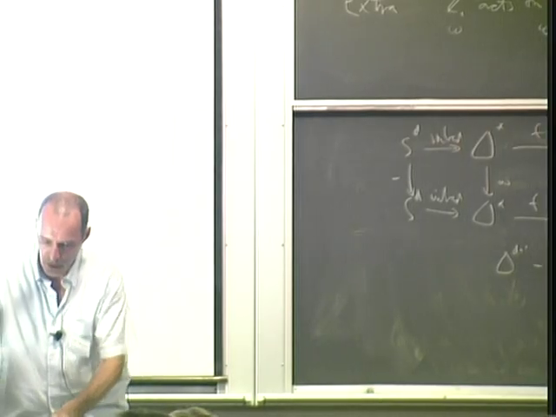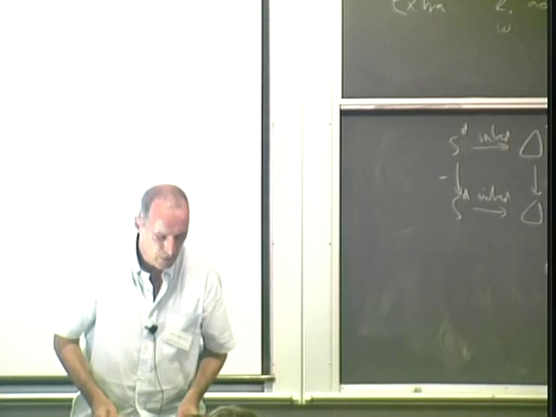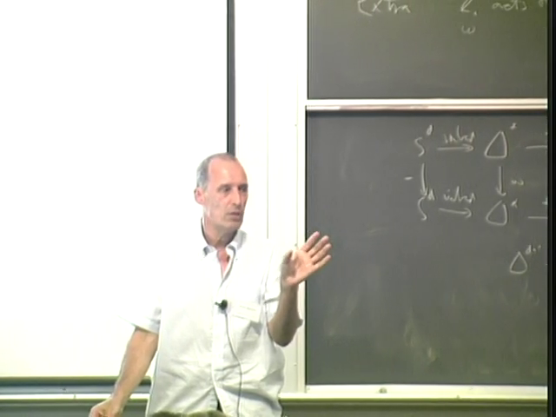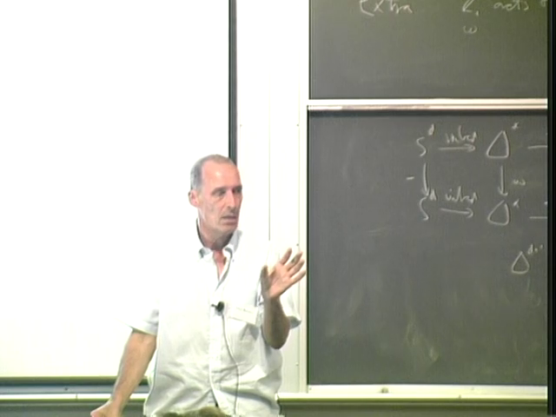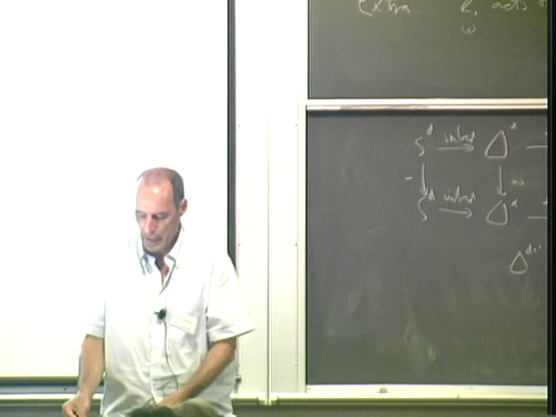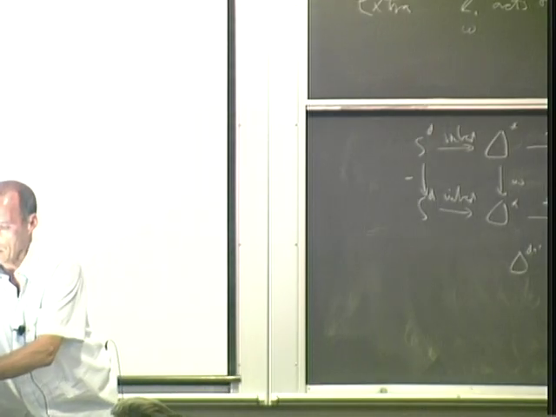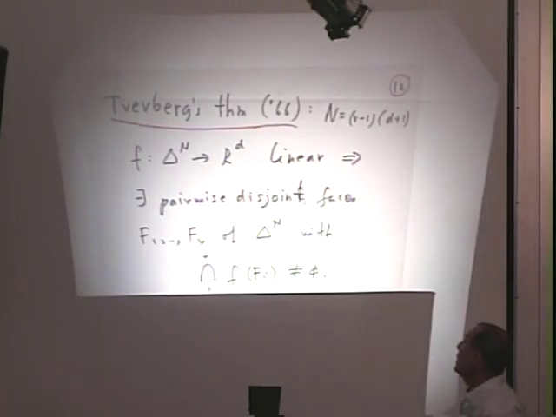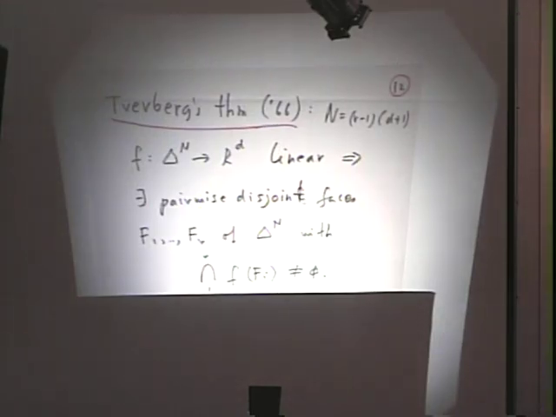So Radon's theorem tells you how large a set can be split into 2 disjoint parts with their convex hulls intersecting. Tverberg's theorem tells you the same thing when you want to have r parts. And here is the right quantity. So n is (r-1) times (d+1). And F is a mapping from that simplex, the n-dimensional simplex, to d-dimensional space, and is linear.